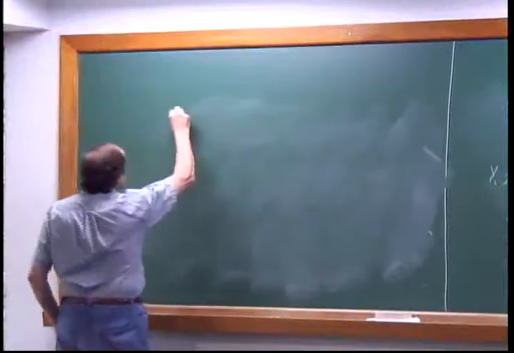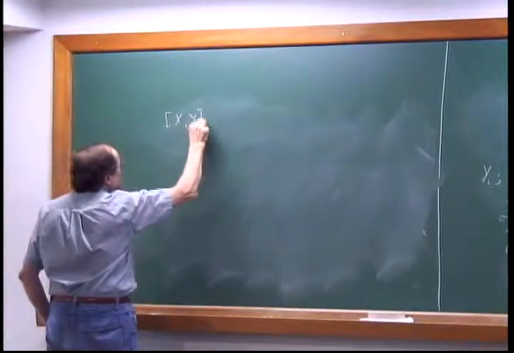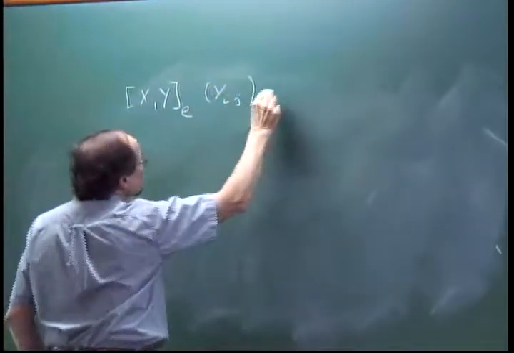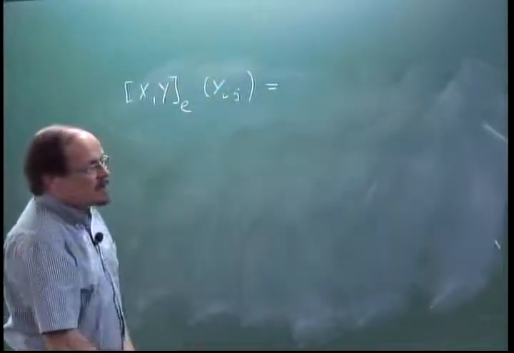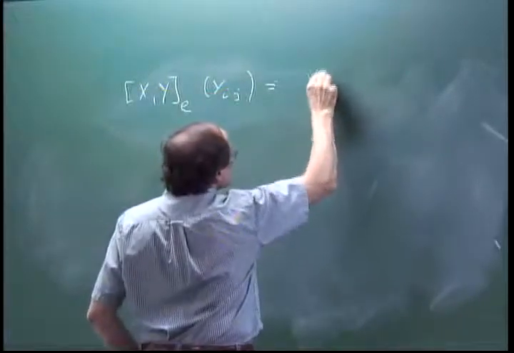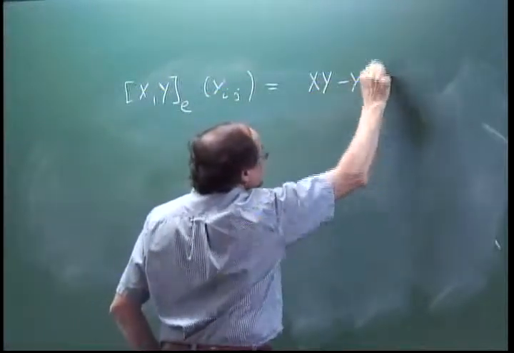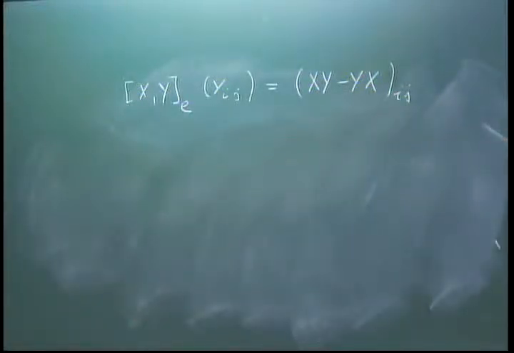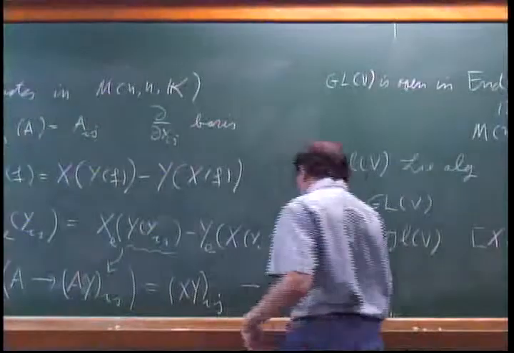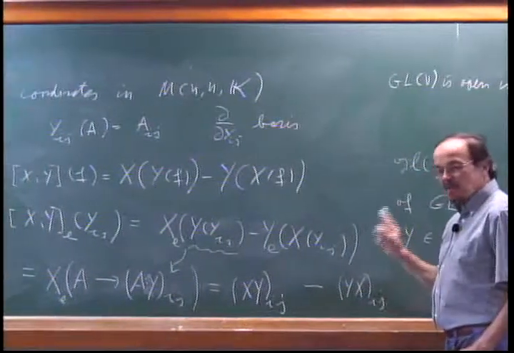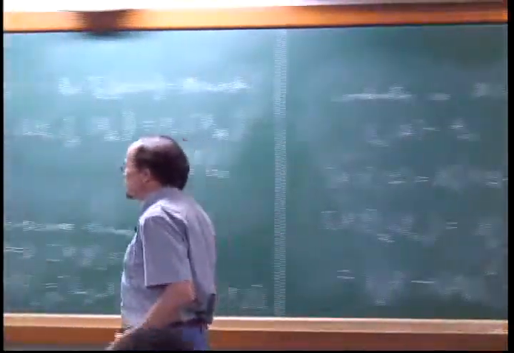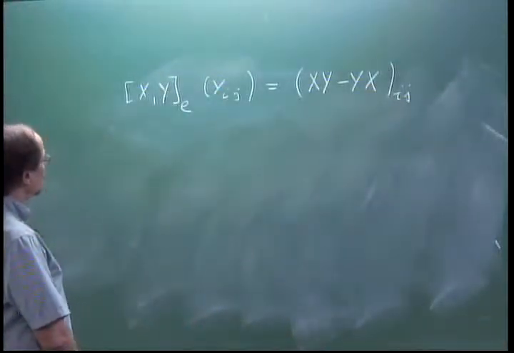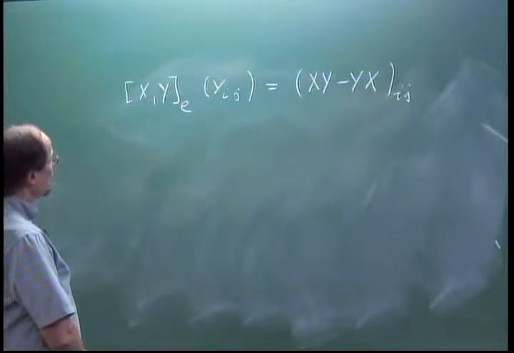We proved that if I take [x, y] at the identity and apply it to the coordinate function yij, I get (xy minus yx) ij entry. Right. (xy)ij minus (yx)ij. So that's what I proved so far. Right? So why am I done? Well, what do I have to say?